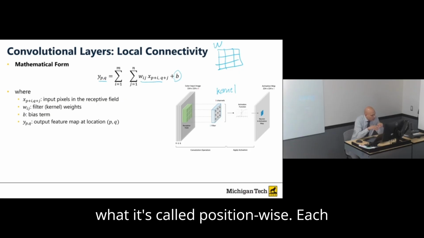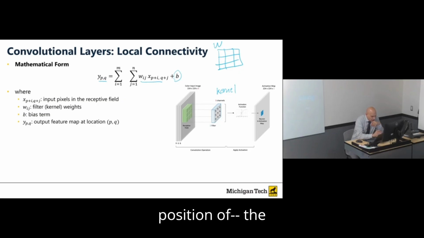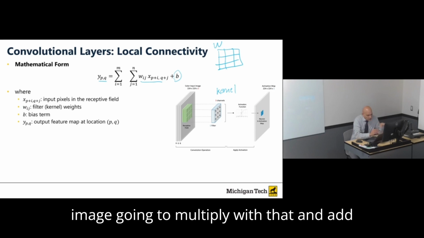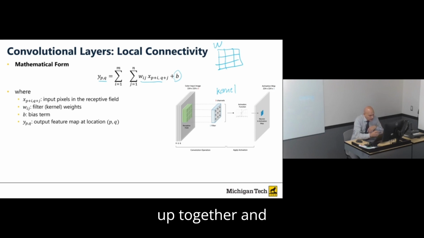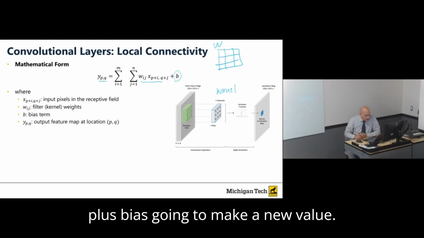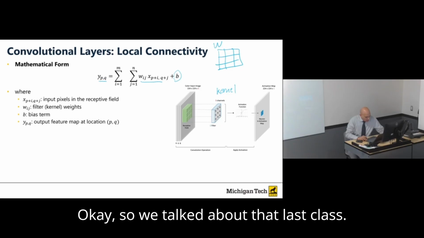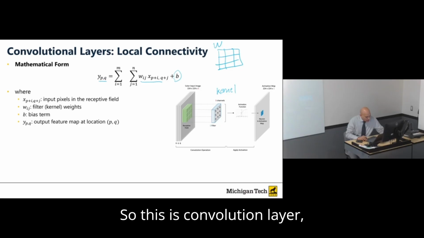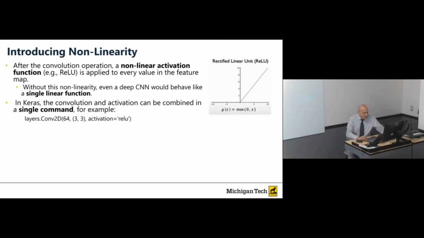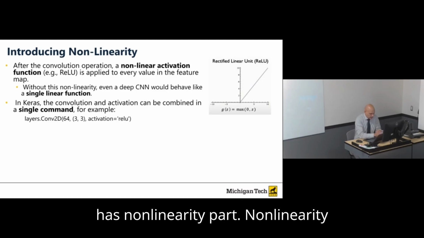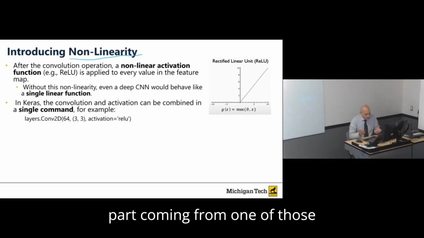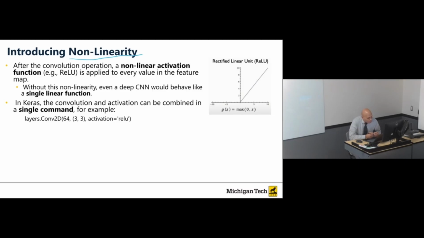Each position of the image is going to multiply with that and add up together, and plus bias is going to make a new value. Okay, so we talked about that last class. So this is the convolution layer, but the convolution layer also has a nonlinearity part. The nonlinearity part comes from one of those activation functions, mostly ReLU, rectified linear unit.